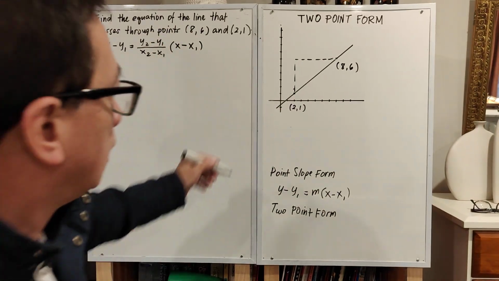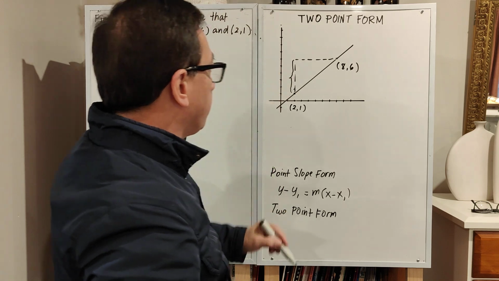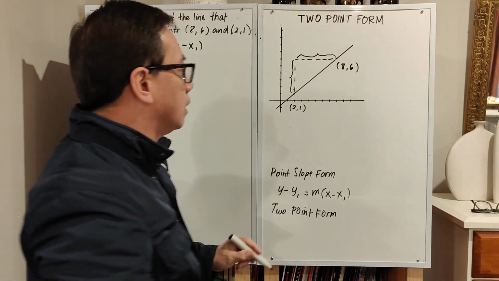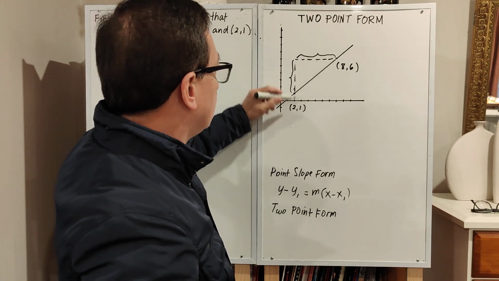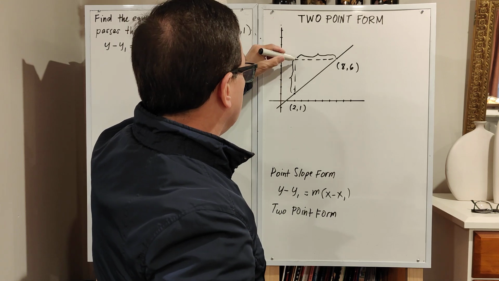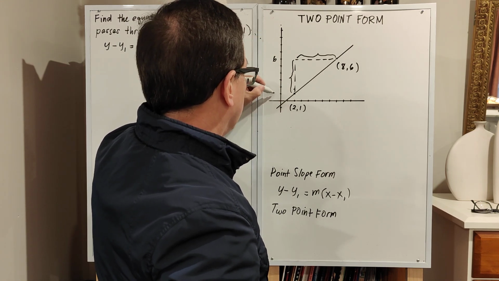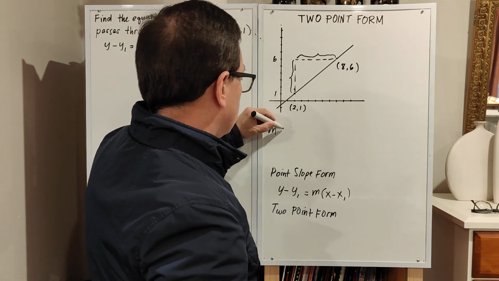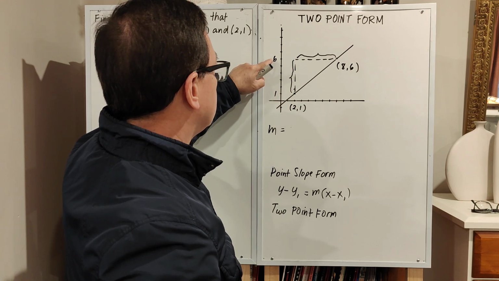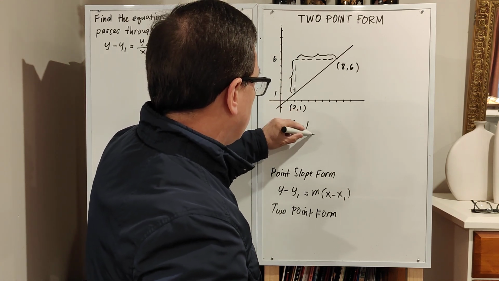Now this length is the rise and this is the run. So to get the rise, from here, this is 6. From this point it is 1. So to get this length, we need to subtract 1 from 6, so 6 minus 1.